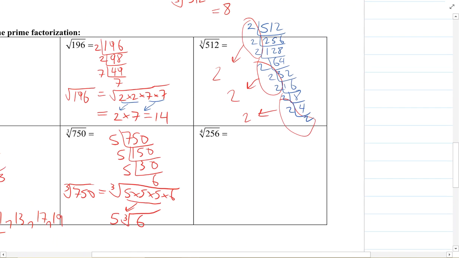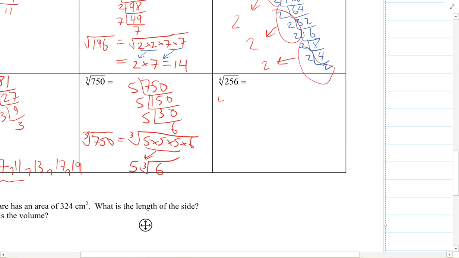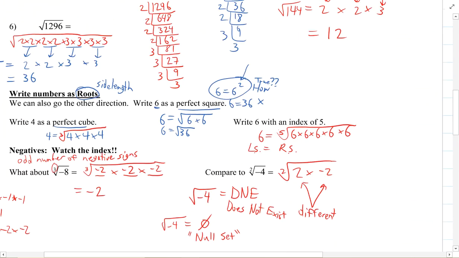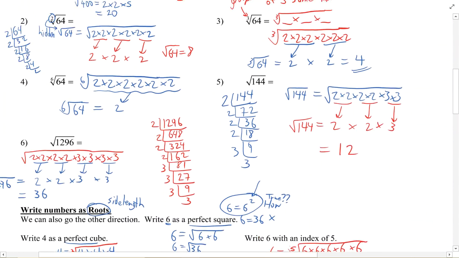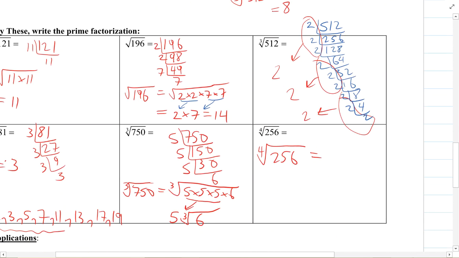256. Oh, I already did it up here. Okay, so 256, the fourth root. I can pull my answer from up here somewhere. Oh, it's not there. So I'll just use it from up here because I'm super duper lazy. Right here, 1, 2, 3, 4, 5, 6, 7, 8 twos. Surprise, surprise, Mr. Barker.